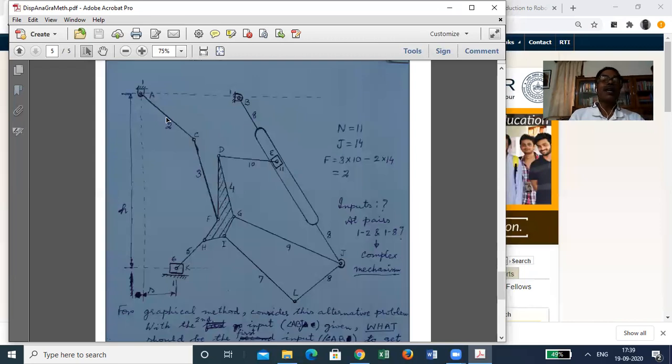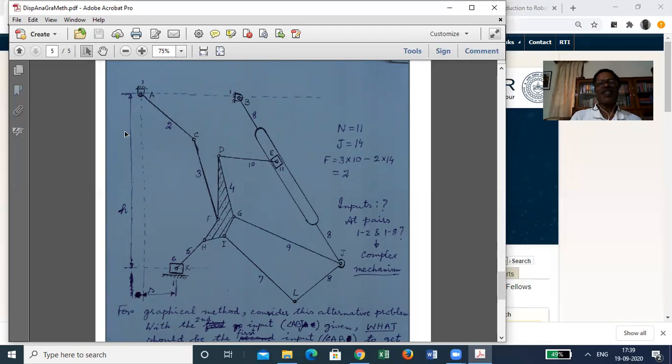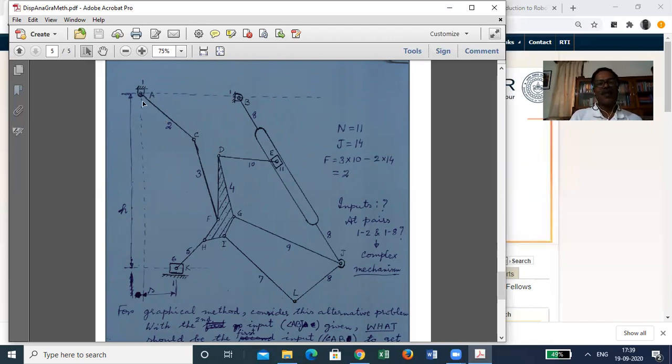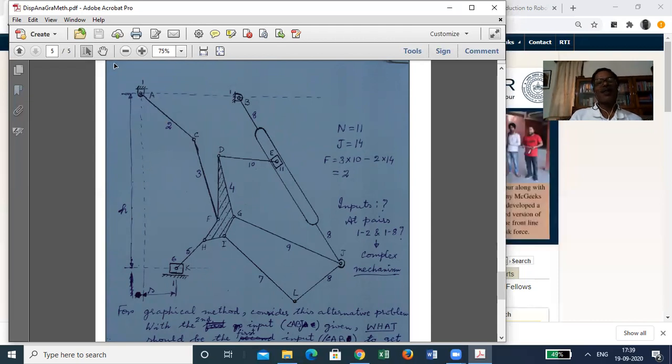And now you say that the other input can be this much or this much, because in this particular situation both the angles are valid, because you see, if you join AF, then wherever C is, the mirror image of that C, that also will be a valid position of C, okay, for this particular problem.